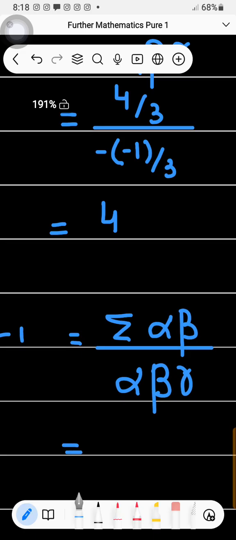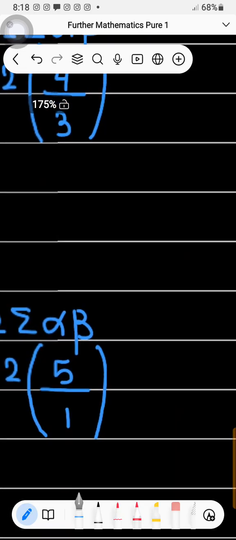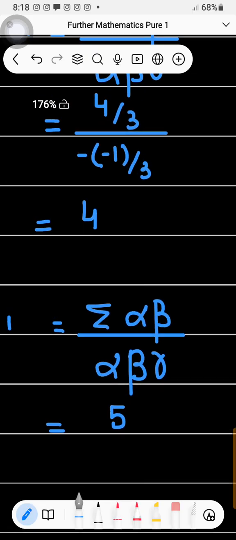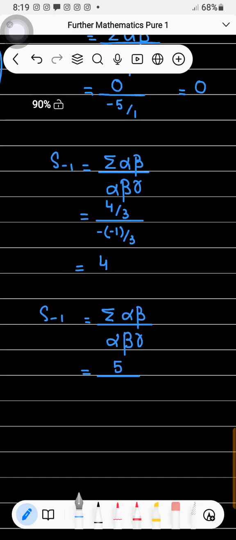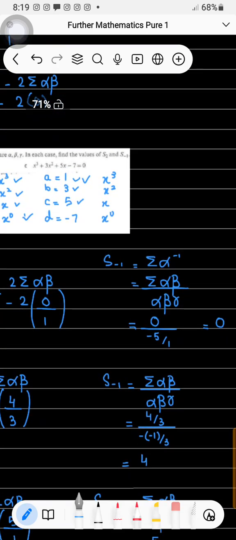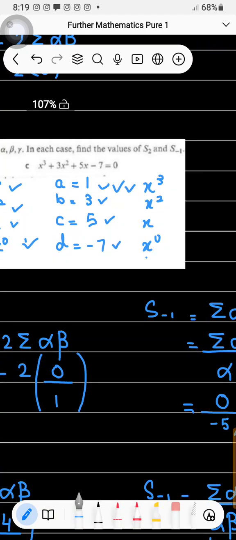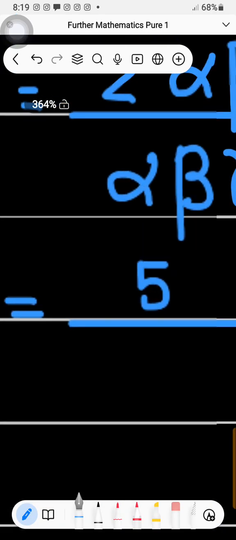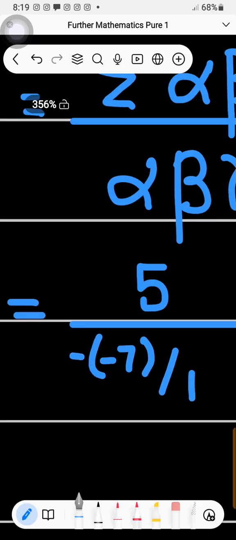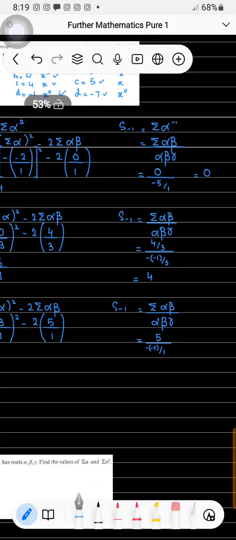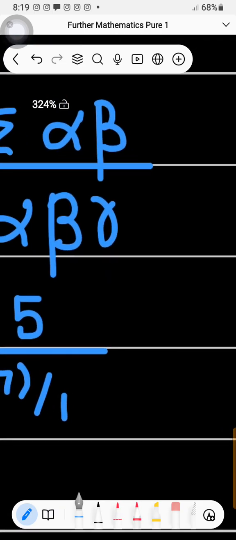So sum of alpha beta is 5 upon 1, which means 5. And then we have alpha beta gamma, whose formula is negative d upon a, negative 7 upon 1, which I can write as negative 7 upon 1, which will be 5 upon 7 as the answer.